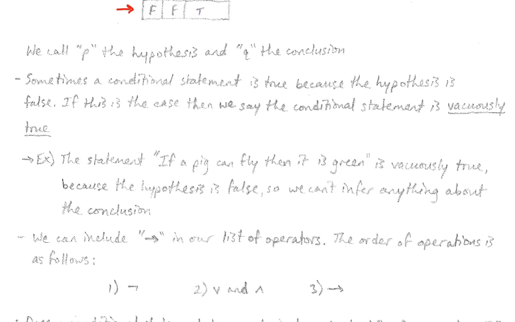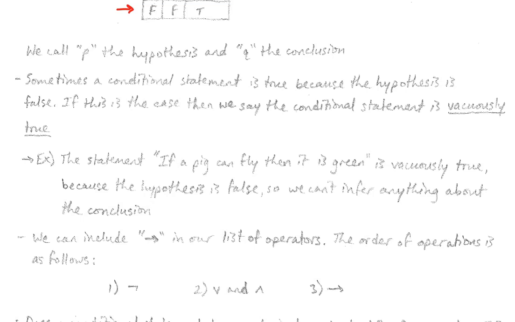So, up until now, we had three logical operators, the not, the or, and the and, and now we have the conditional. We have the right facing, or the rightward pointing arrow. We have the conditional being thrown into our list of operators as well.